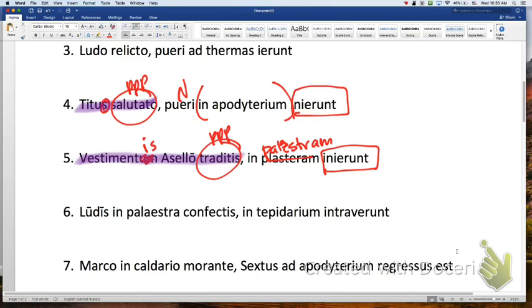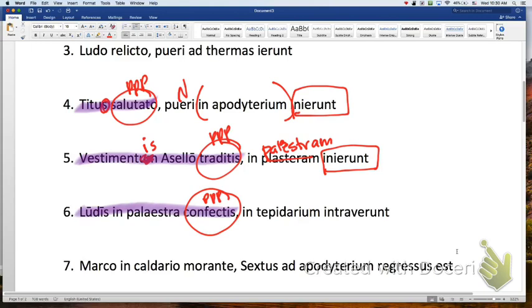Okay, what about this next one? And what kind of participle is confectis? PPP, it comes from conficio, right? Okay. So with the... What is confectis again?